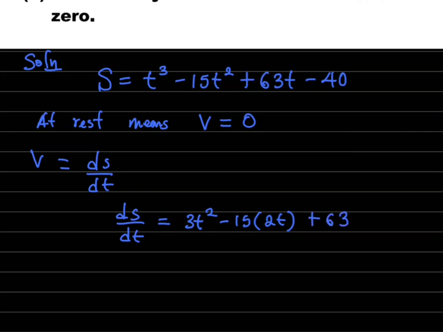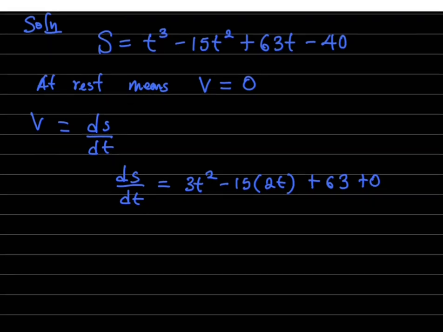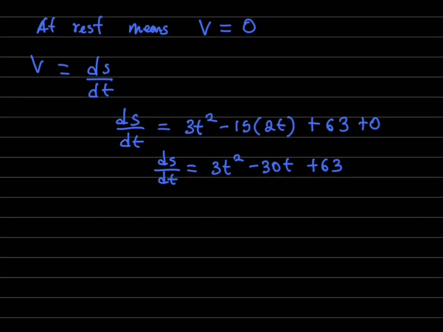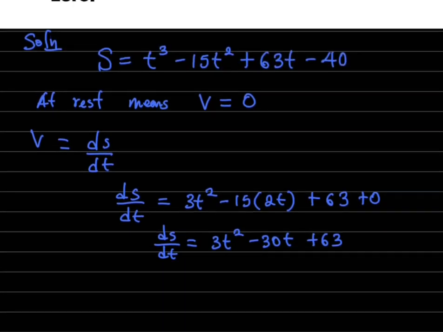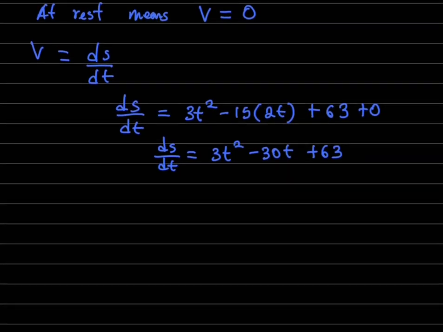Now, differential of a constant term is 0, so we have it this way. So we are going to have ds by dt is actually equal to 3t squared minus 30t plus 63. All right. Remember, we said at rest v is 0, so ds by dt is 0.